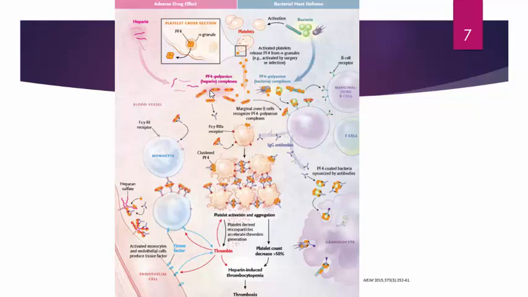Once that complex has formed, B lymphocytes will generate anti-PF4 IgG antibodies, and these can bind to not only bacteria, but to those PF4 heparin complexes, forming a massive immunocomplex that you see here.